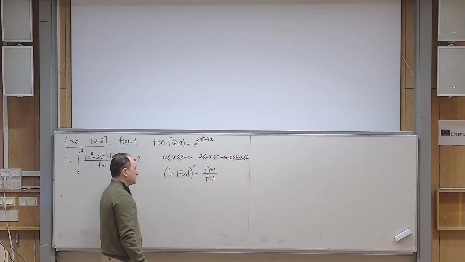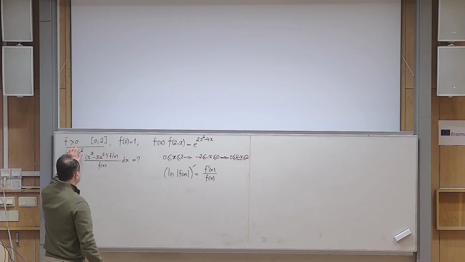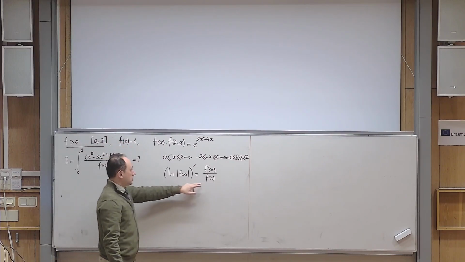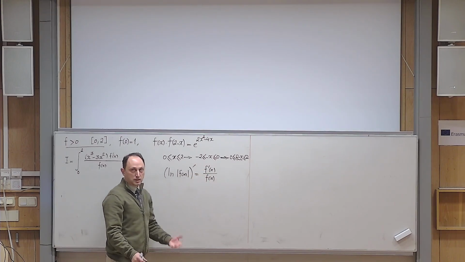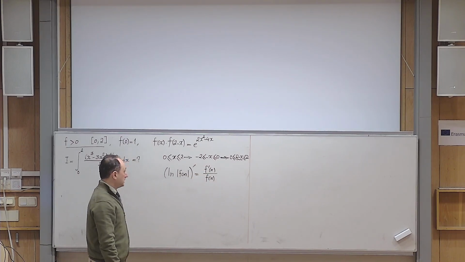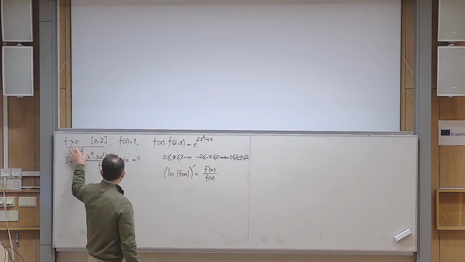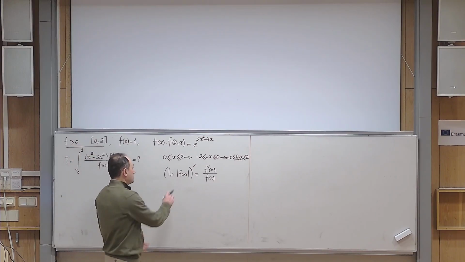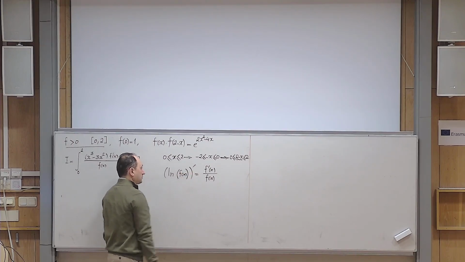Okay, and I do not have any problems here because it has mentioned that f of x is positive and differentiable. So the denominator cannot vanish, and of course f prime of x exists because it is differentiable. Another thing is that I do not need this absolute value sign because f of x is positive, so absolute value of f and f, they are the same things.